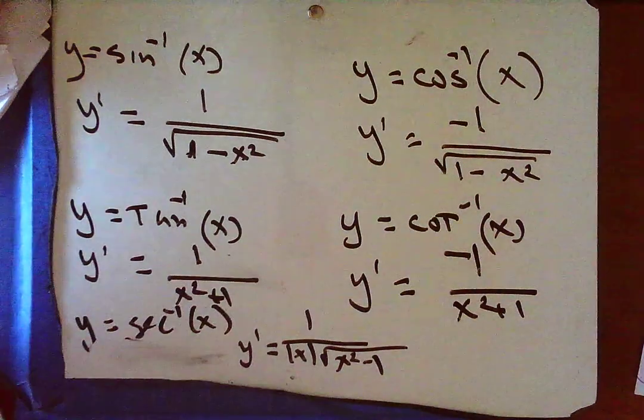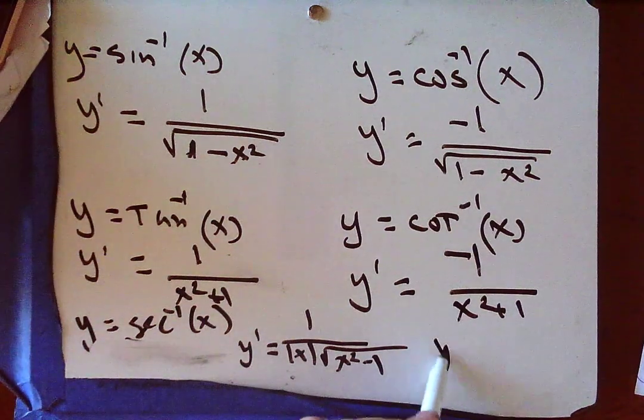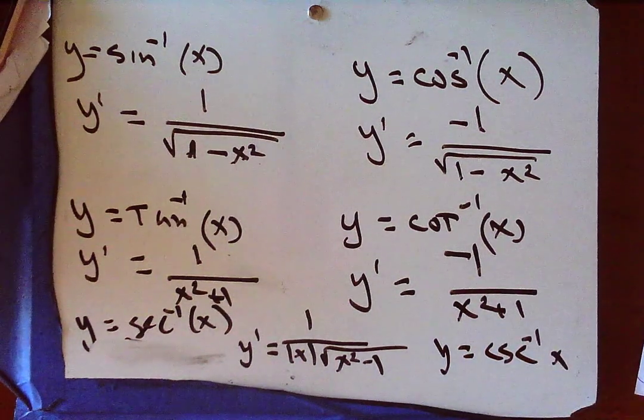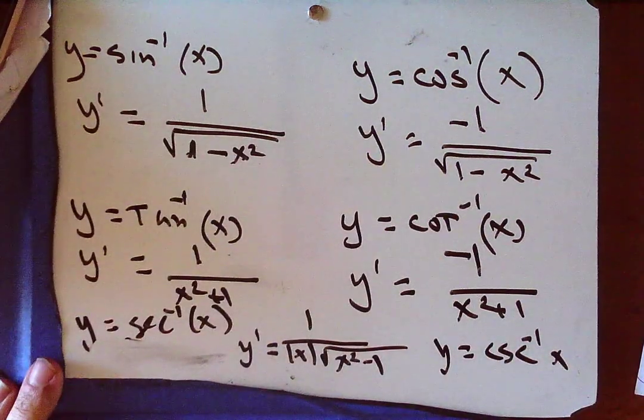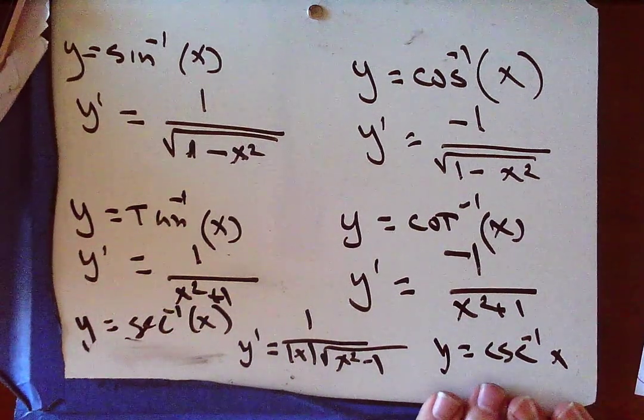Will you tell me then what you expect the derivative of y equals cosecant inverse of x to be? Based on what you see here, not deriving it, don't take the derivative, don't draw a triangle, just tell me what you think that's going to be.